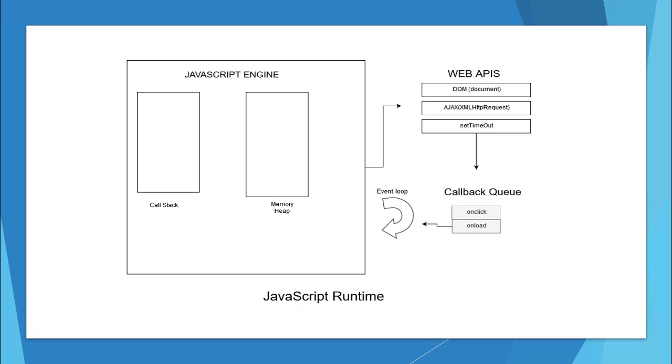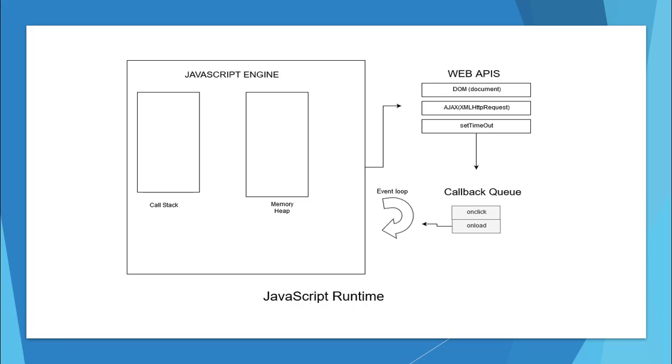Again, if you are eating 10 apples and at the same time you get a phone call from your wife or your office, you are also going to take it. The web API takes the call, and at the same time you eat the apple. So you run the JavaScript code as well as attend the web API calls.